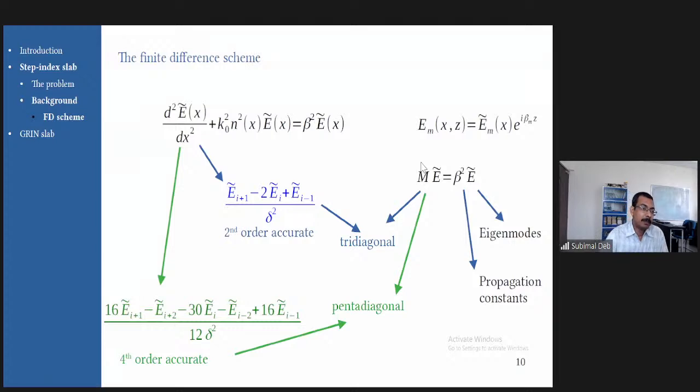And if you plug those values into this differential equation, which you have transformed into a finite difference form, you'll get a set of equations.